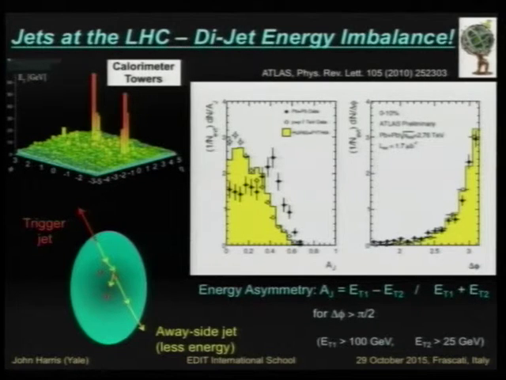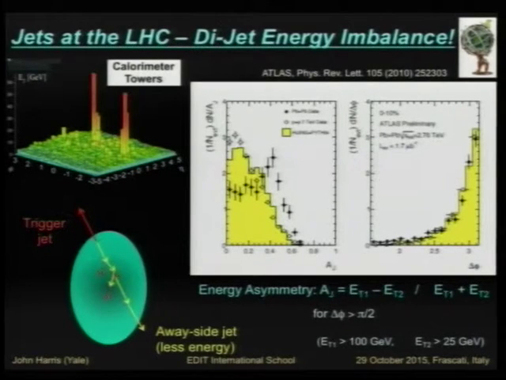As I'm waving my hands, the picture's up here basically. They have a trigger jet of high momentum and then somewhat less momentum in an away-side jet. They have cuts of 100 GeV for the leading jet and 25 GeV or greater for the next to leading jet.